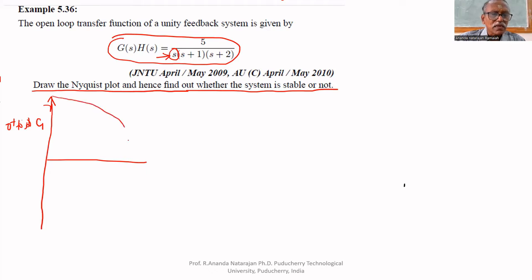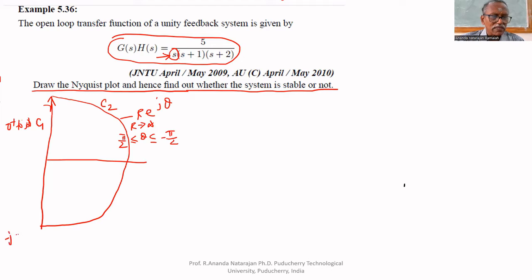Then a semicircle of radius infinity, R e power j theta, R tends to infinity and theta varies between pi by 2 and minus pi by 2. That is the second segment C2. The third segment is from minus j infinity to 0 minus. That is the third segment.